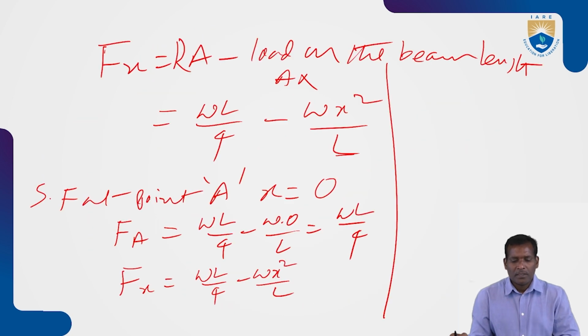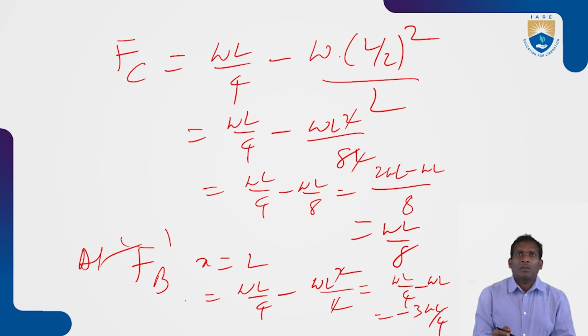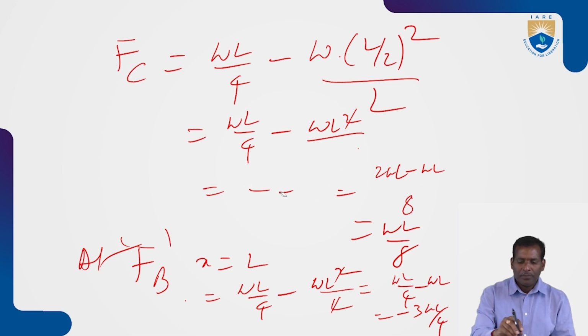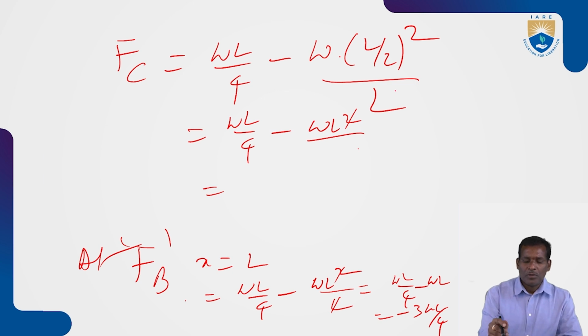So like this calculate at point C, you will get the value. So WL square by 4 by L, WL square by 4L.